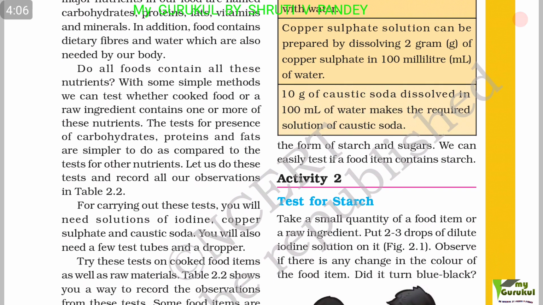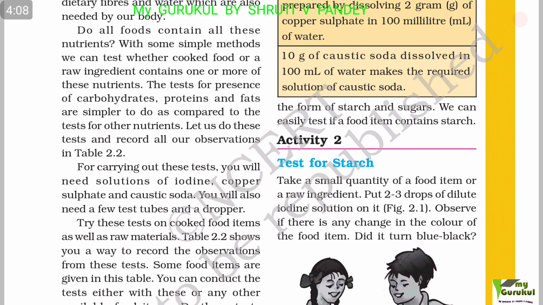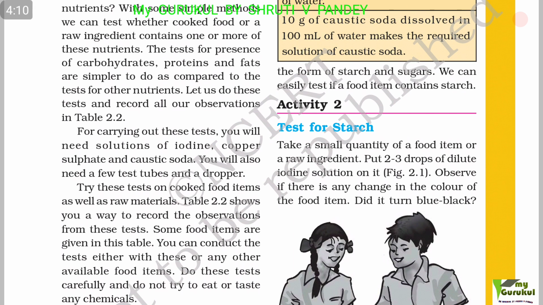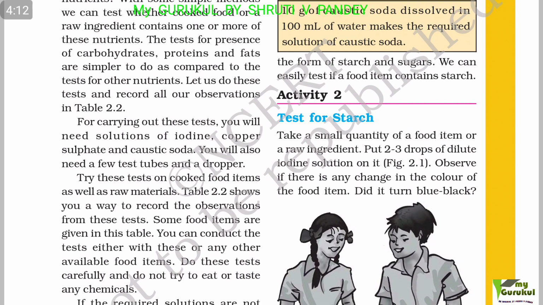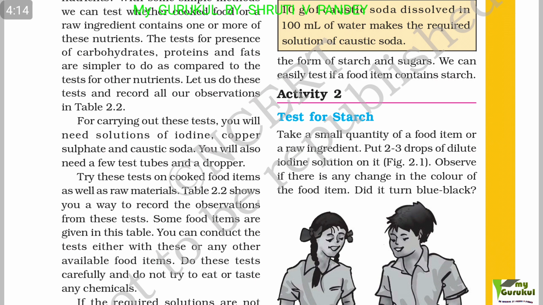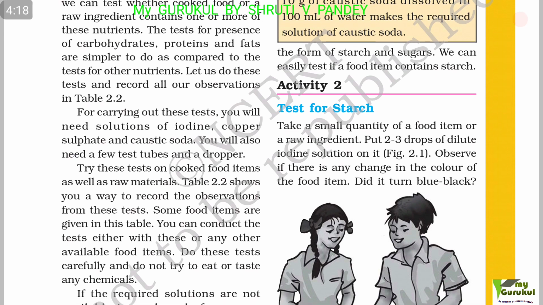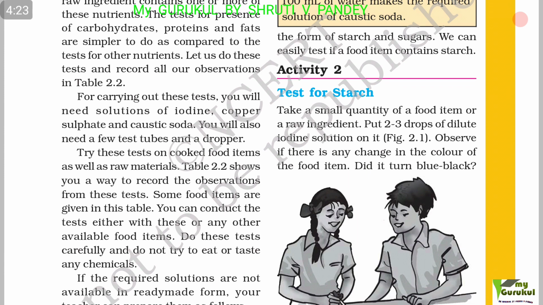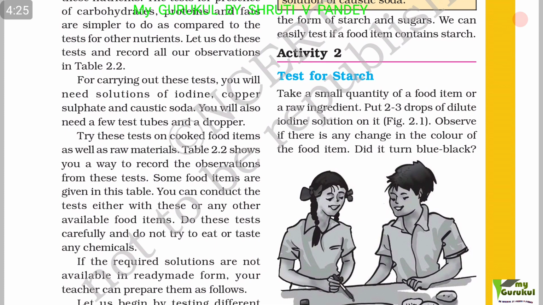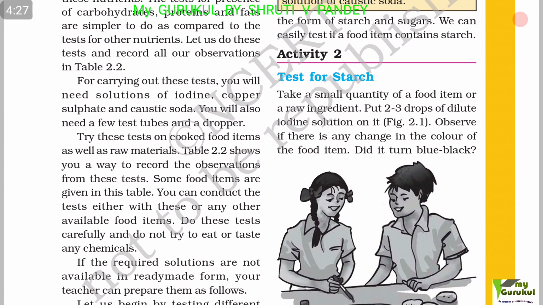For carrying out these tests, you will need solutions of iodine, copper sulfate and caustic soda. You will also need a few test tubes and a dropper. Try this test on cooked food items as well as raw material. Table 2.2 shows you a way to record the observations from these tests.